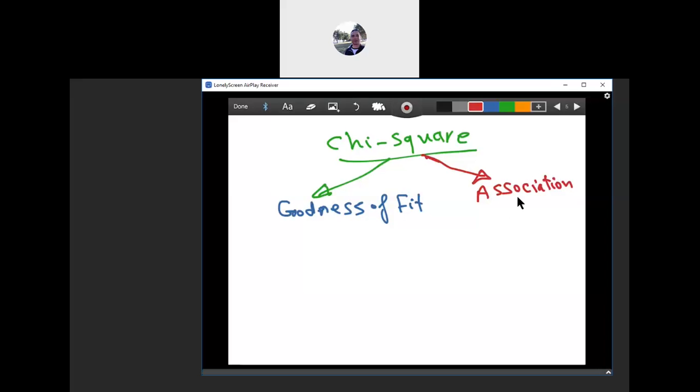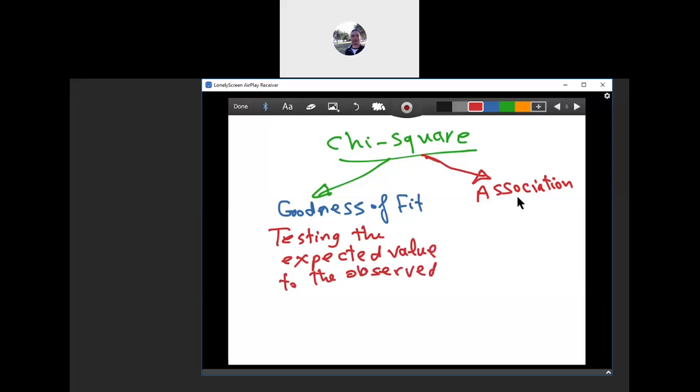So what's the question in this case? The question before was testing the expected value to the observed value, right?